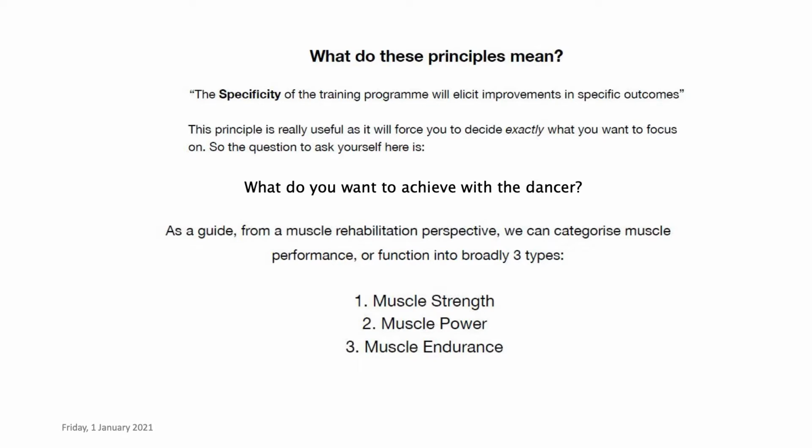That might mean they are weak in an area where they need strengthening, or the actual piece is so demanding that we know that dancer will need more strength or more endurance. As a guide from a muscle rehabilitation perspective, muscle performance or functionality can be categorized into three types: muscle strength, muscle power, and muscle endurance.